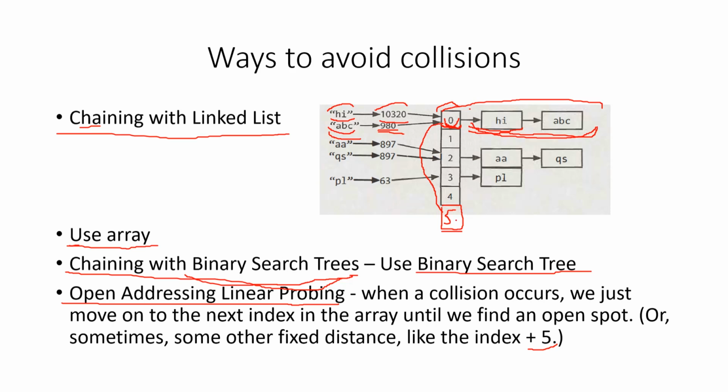And again, on the next step, let's assume that we have the string AA, and it has this key, and assume that after the hashing, it points to 0. So what does it do? We again go to 0, we see that 0 is already reserved, then we jump 5 positions, and on 5 we see that it is reserved too. So we again jump 5 positions, and we go to slot number 10.